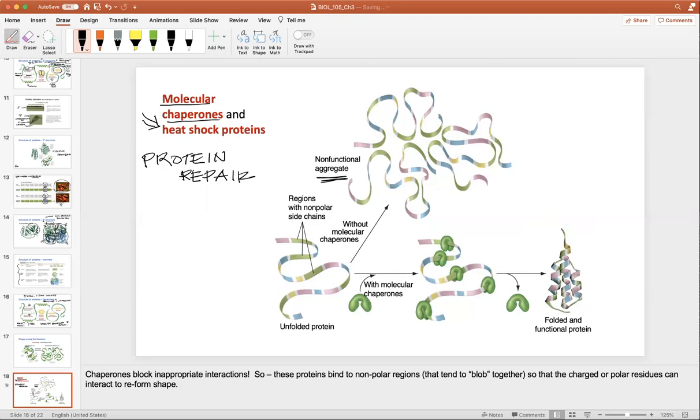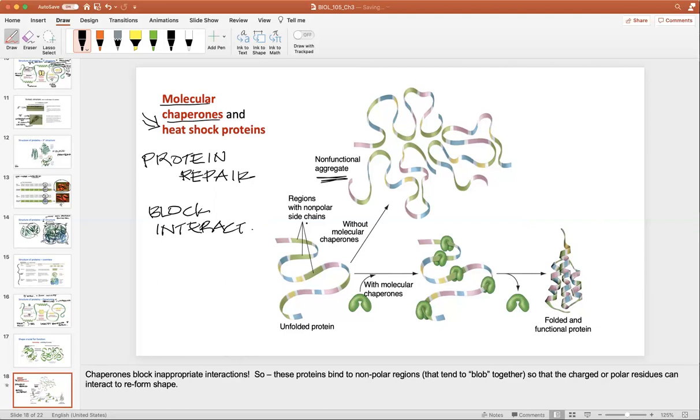Now let's think about what a chaperone does. If you are at a middle school dance or a high school dance or on a high school field trip, chaperones block inappropriate interactions, right? So chaperones block inappropriate interactions.